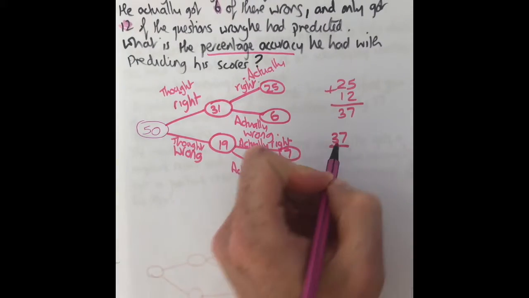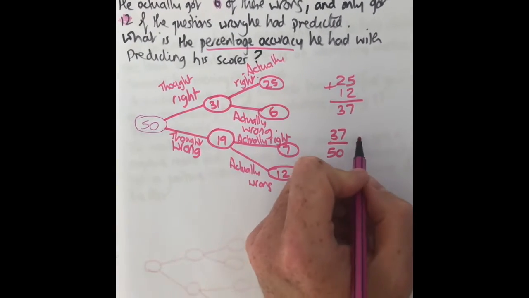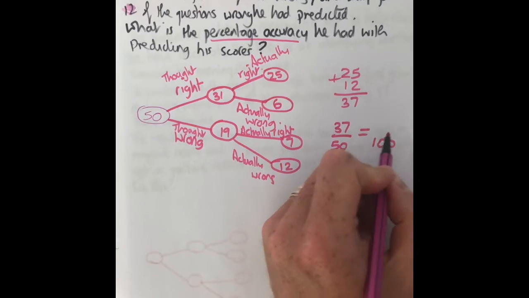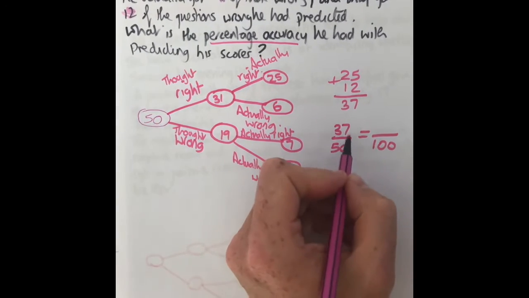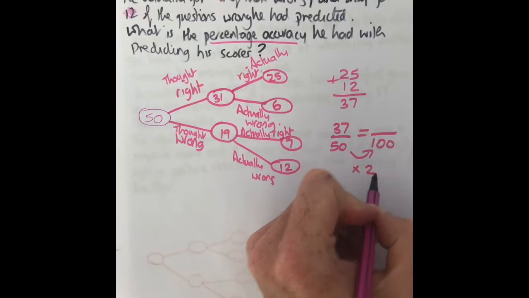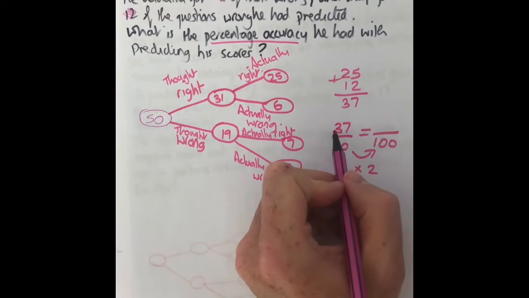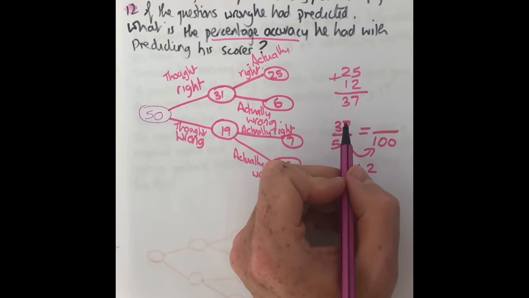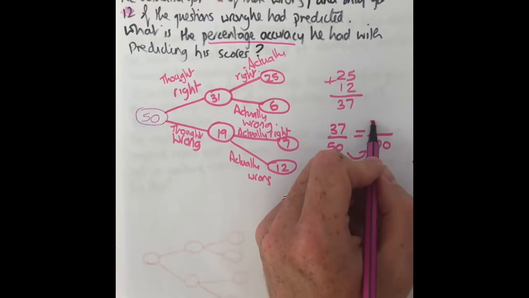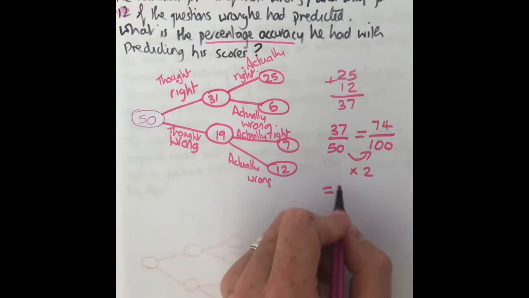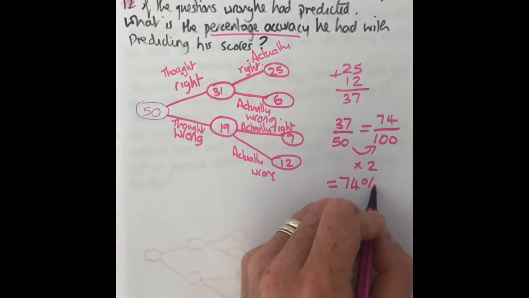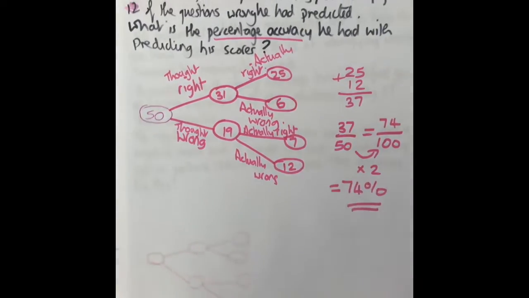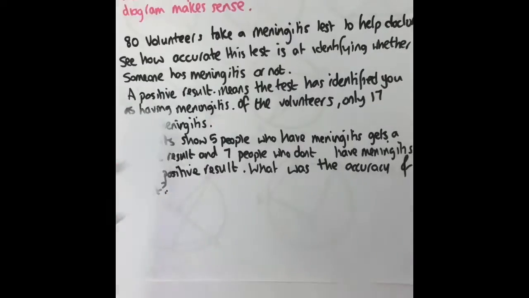So 37 out of 50. Well, that's dead easy to find. A percentage is always out of 100, which means you've got to times this by 2. So 37 times 2 is 30, 60. 7 times 2 is 14. So that's 74 out of 100, or 74% predicted correct. Okay, so that's the first one.